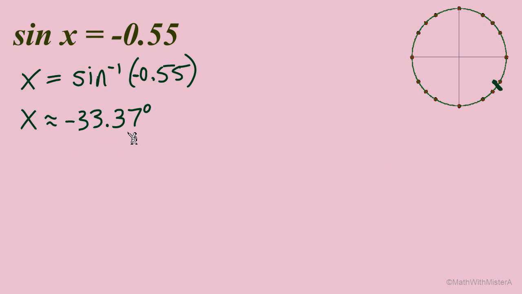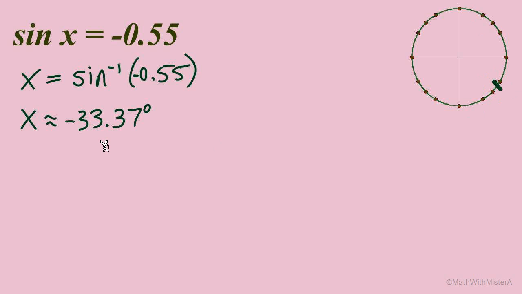Now, it's giving us a negative value again because of how the inverse trig functions work. An inverse sine function gives us values only on the right half of the circle, and the range is thought to be in between negative 90 degrees and positive 90 degrees. So points in quadrant 4 are going to come at us if we use an inverse sine function as negative values, whether it's degrees or radians.